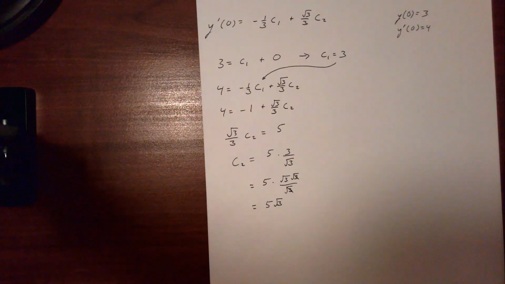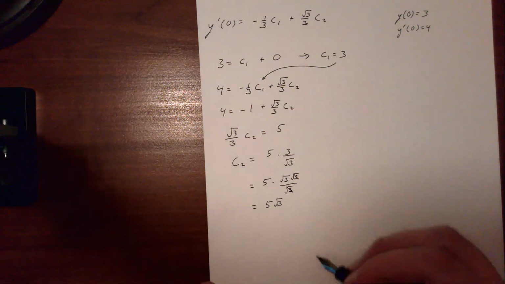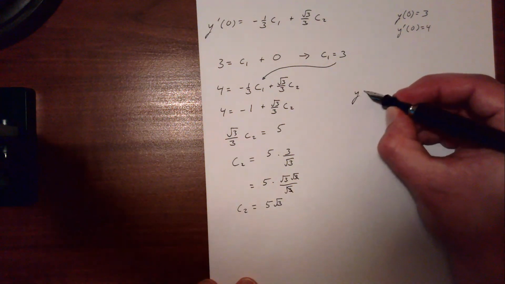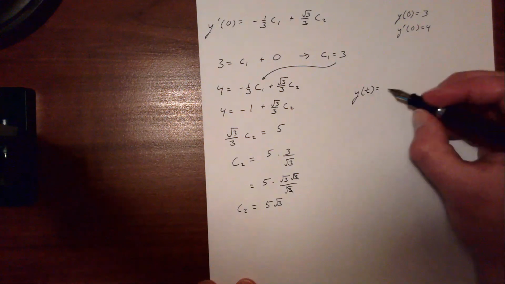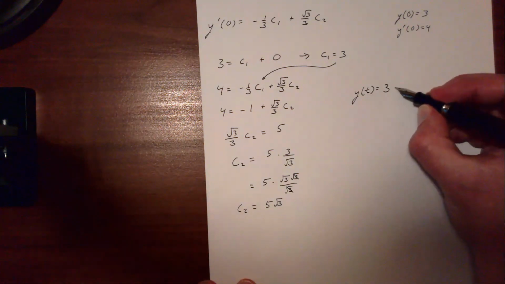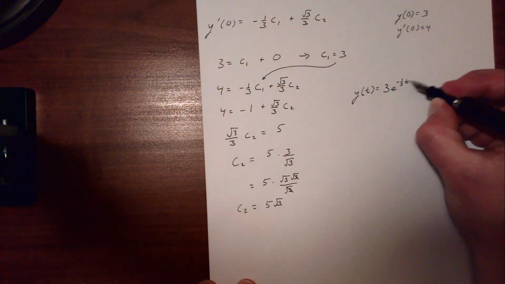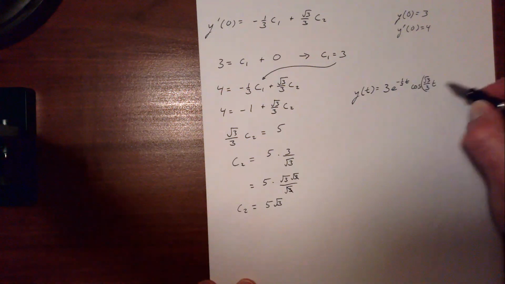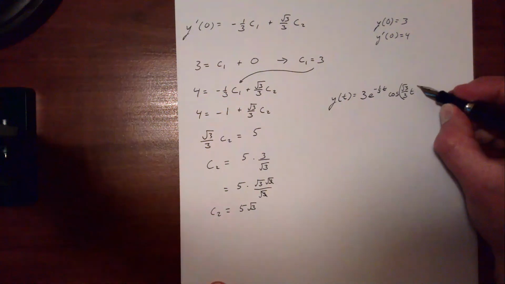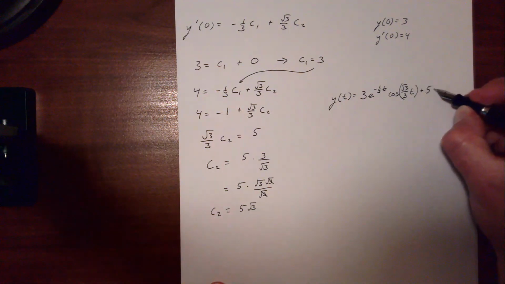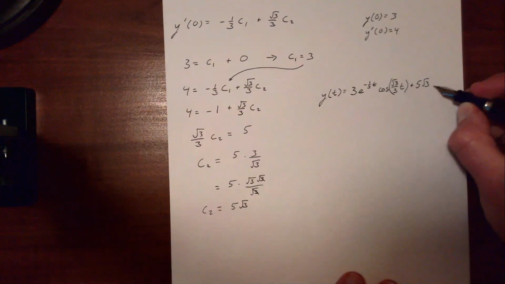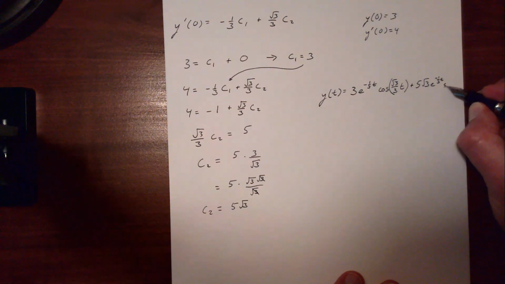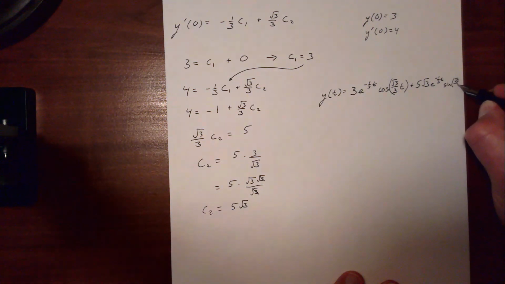So 5 root 3 is what we get for c2, and then that gives us our overall solution here. y of t is equal to 3 e to the negative 1/3 t cosine root 3 over 3 t plus 5 root 3 e to the negative 1/3 t sine root 3 over 3 t.